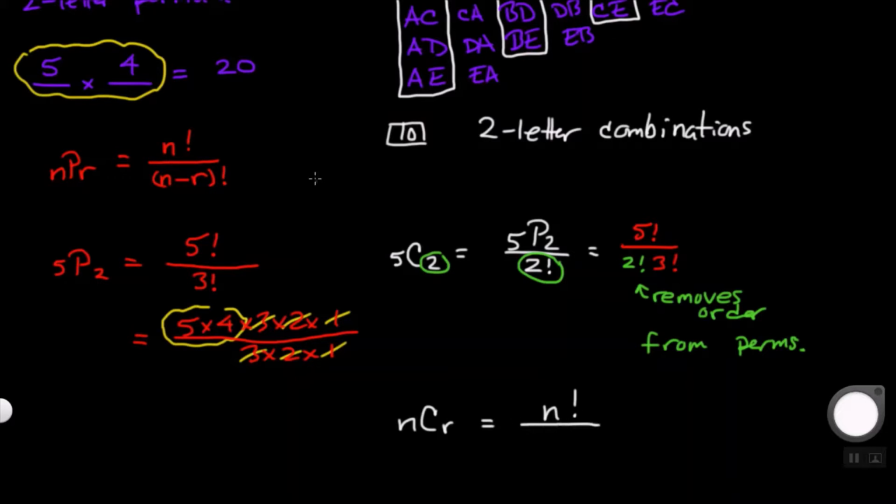Remember, this is identical to our permutation formula. We have an n minus r factorial on the bottom, which is the difference in those two things, obviously. And then, most importantly, whatever the size of those subsets are, we have to divide by that subset factorial, the size of that subset factorial, to again remove our order. And there is our combination formula.